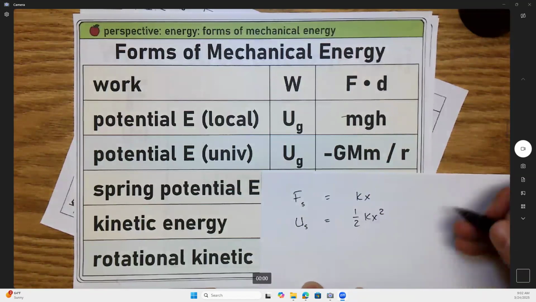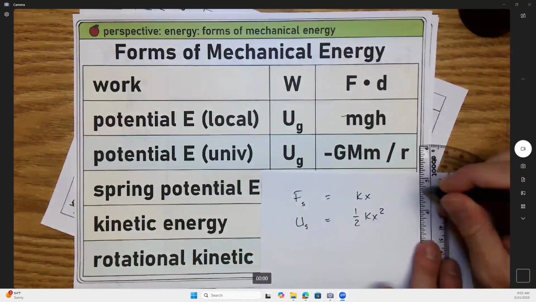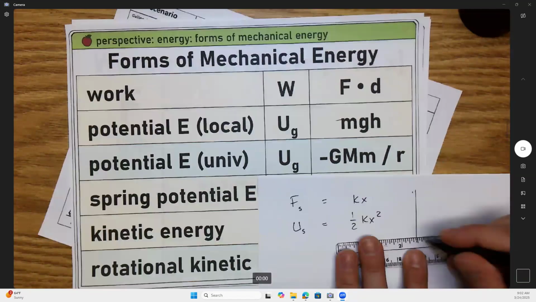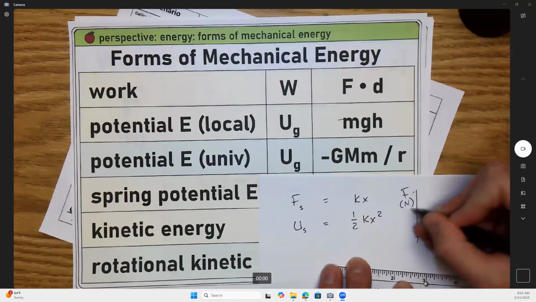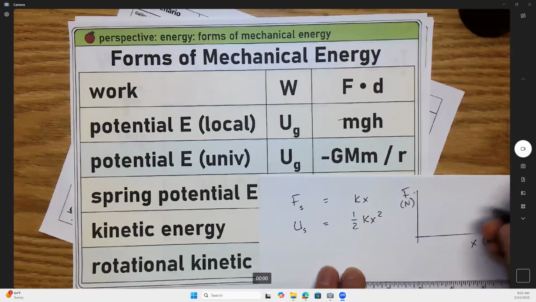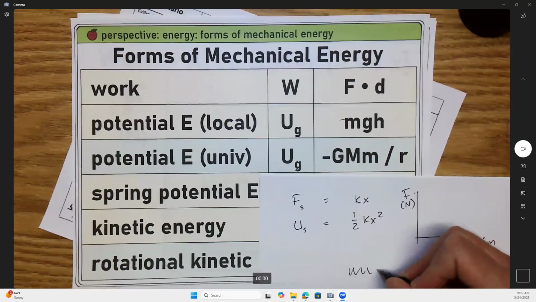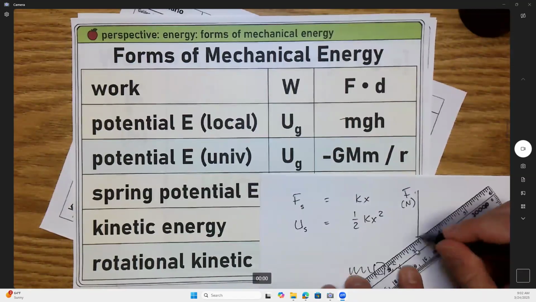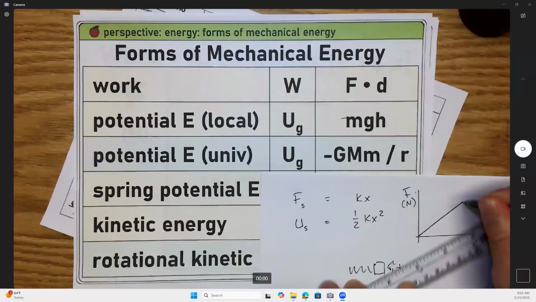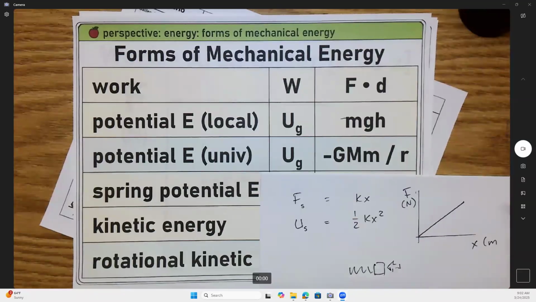Right? Actually, let's make a little graph right here. If I made a force versus distance graph, this could be in newtons, this could be in meters. Say you're compressing a spring or stretching a spring, one way or the other. The more you stretch or compress it, the more force it takes to do that.